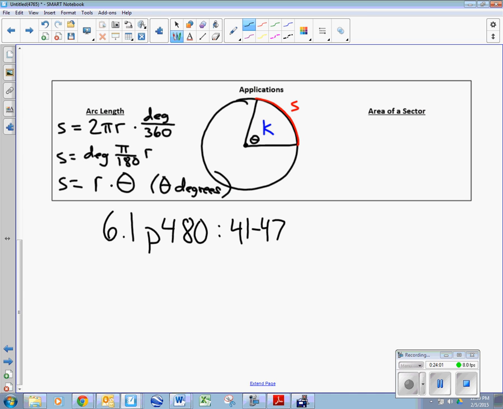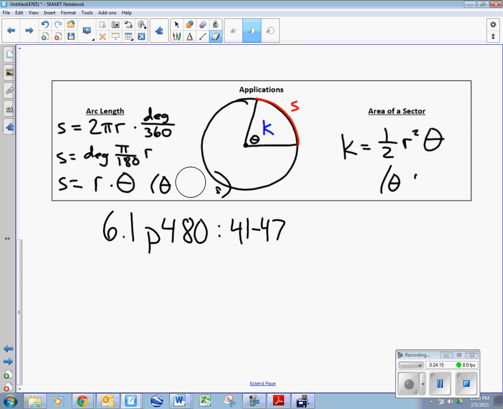I won't do the entire conversion because we're running out of time, but K is equal to, you do the same type of thing, 1/2 times r squared times theta, where theta is in radians. That's the whole point. We want to be working in radians. If you have degrees, you have to use the top formula. If you have radians, use the other formulas. They're much easier to work with.